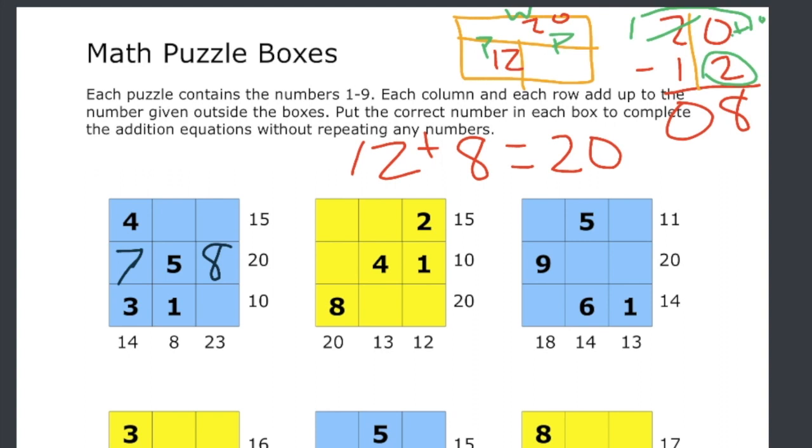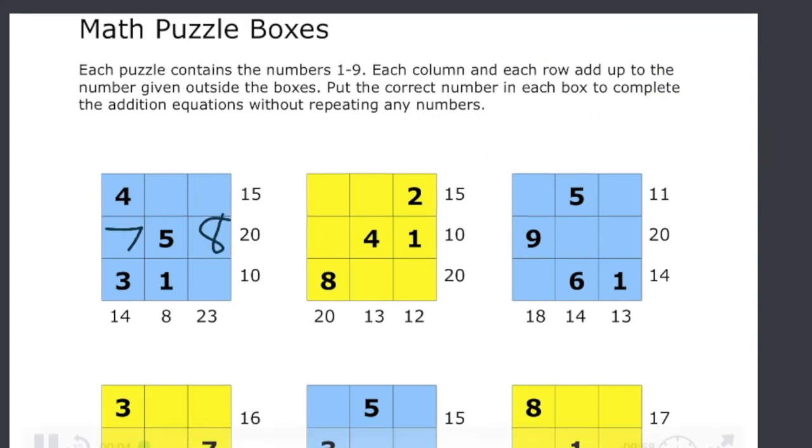All right, now, here we go. Let's see, boxes 5 and 1. We are going to start in the boxes of 5 and 1. Since we're going this way, we want our numbers to add up to the number 8.